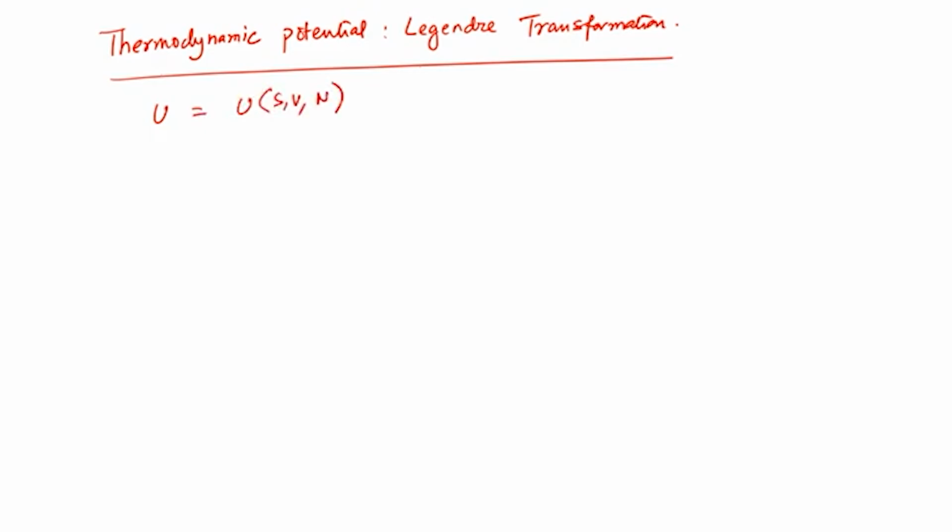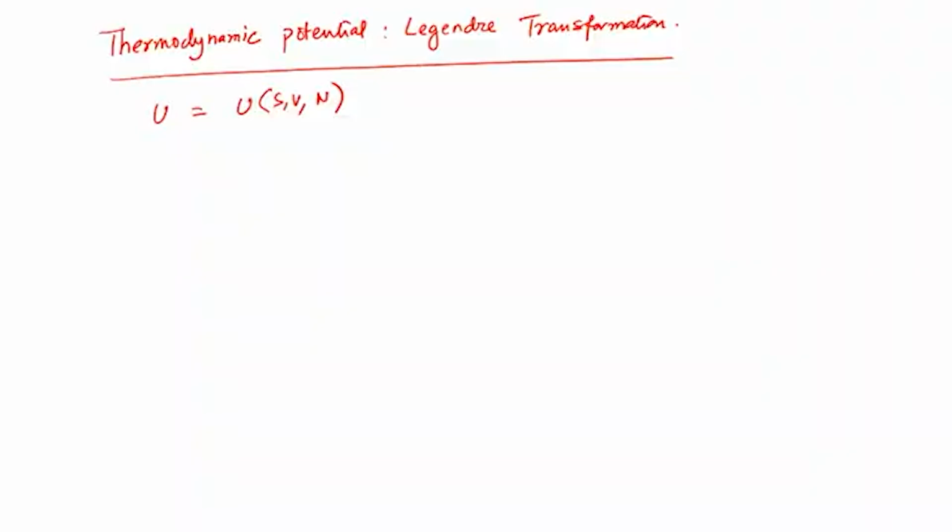This is for an open system, and particularly we are going to make a distinction between open system and closed system or isolated system. In fact, we will just see in a while the difference between them. And so, this is dU equal to TdS minus PdV plus mu dN. Let us call this equation number 1.